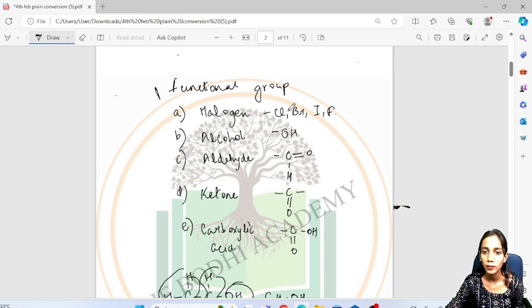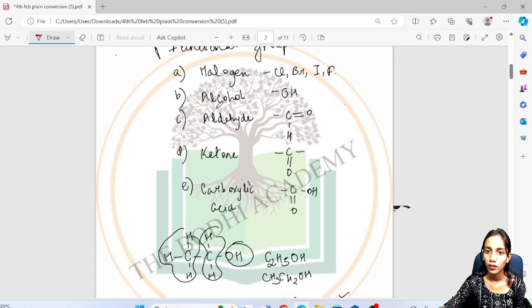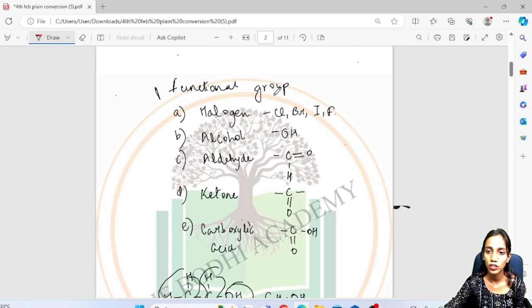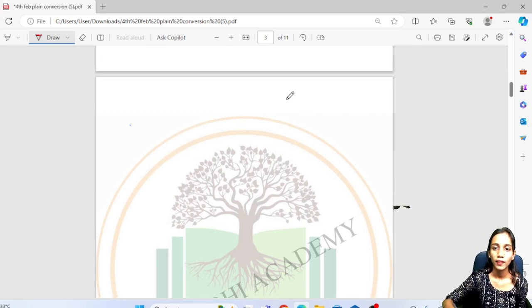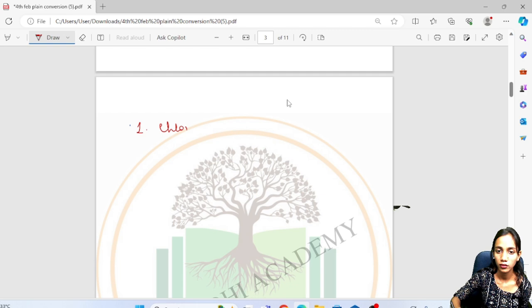First, the halogen. If the functional group is chlorine, then it has the prefix chloro.